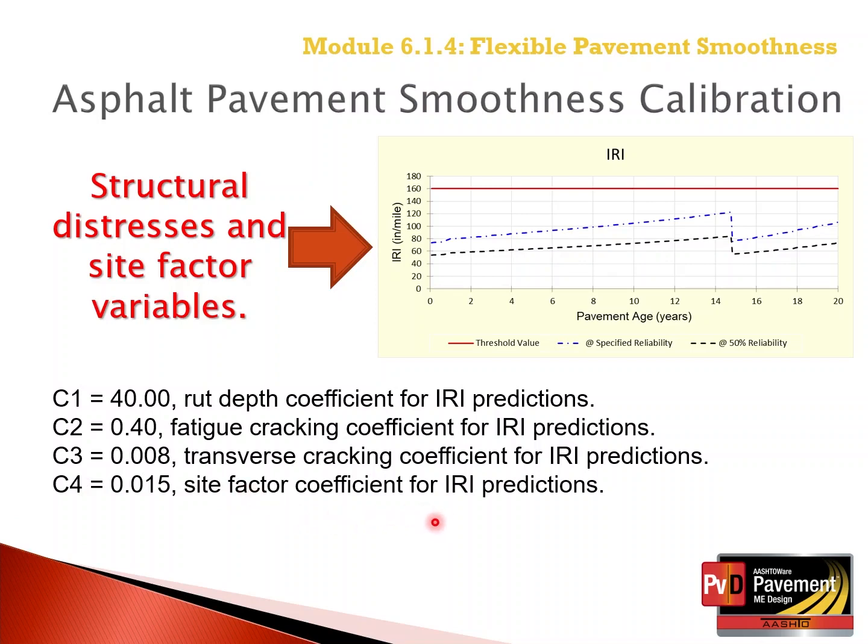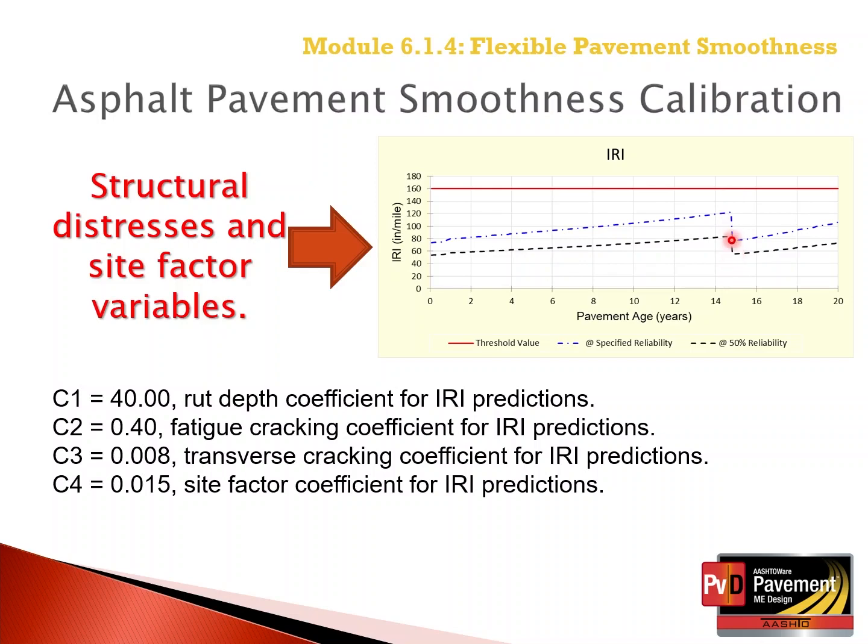The graph included on this slide shows the use of preventive maintenance and its impact on IRI after it has been applied to the flexible pavement. It shows that at the time the preventive maintenance strategy was applied, there is a reduction in IRI, resetting the vertical profile of the asphalt surface.